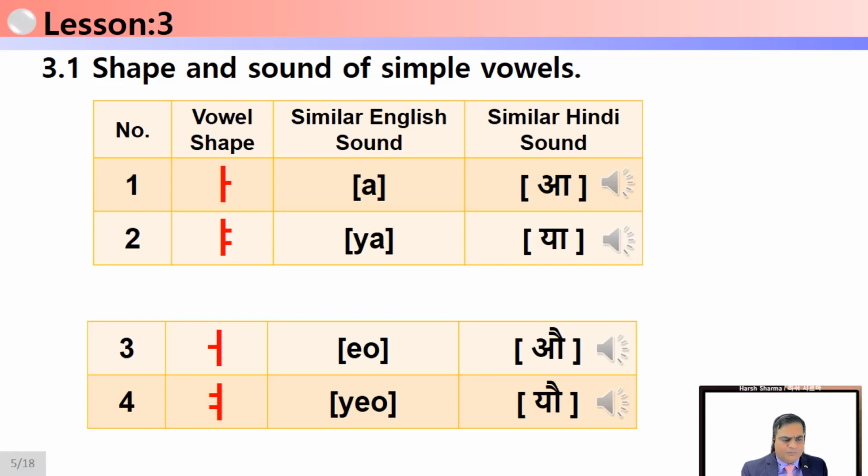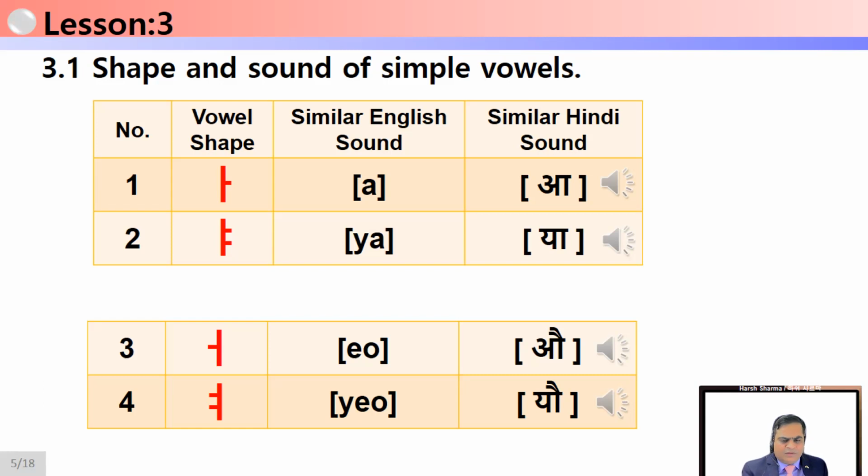Number 4, same logic as number 1 and number 2. Add one more small line on the same side. Aw will change to yaw. So it will be aw, yaw. Number 3 is aw, number 4 is yaw.